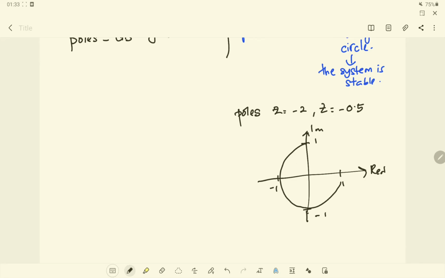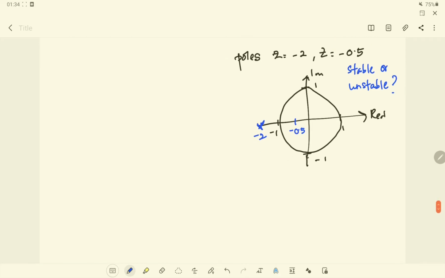If you plot the locations of the poles, negative 2 is somewhere here, and negative 0.5 is somewhere here. Now the question is whether the system is stable or unstable.